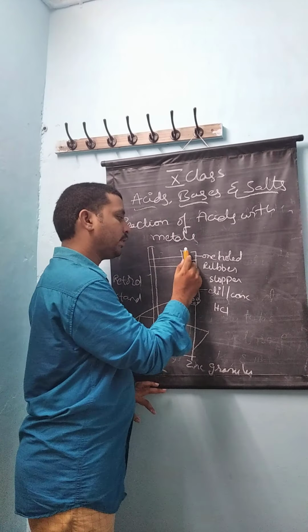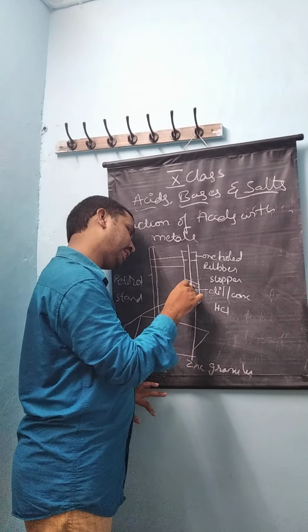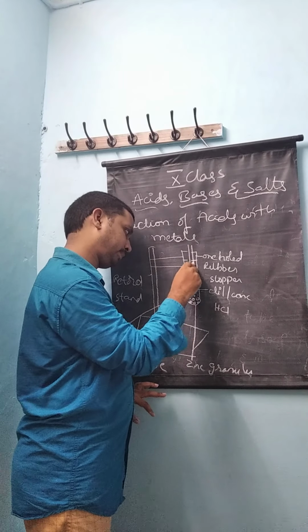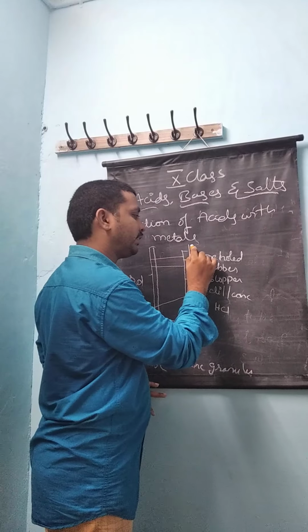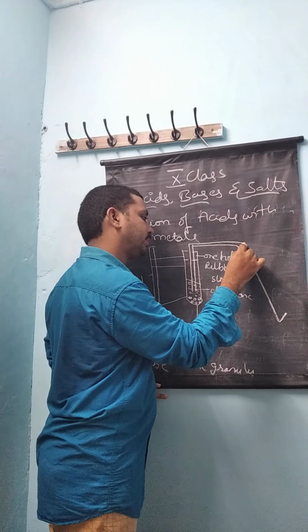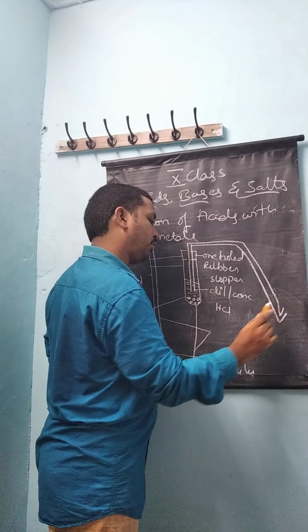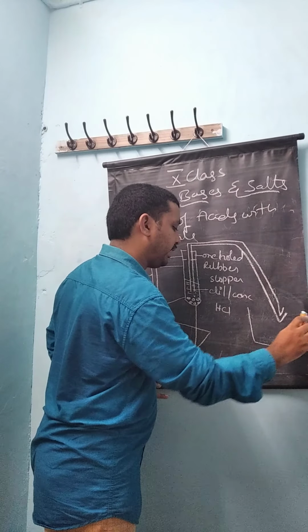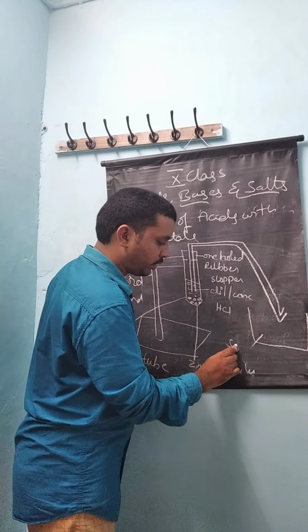Now, insert one delivery tube and connect this delivery tube to the beaker of water containing soap water.